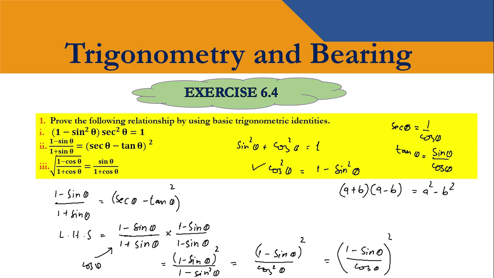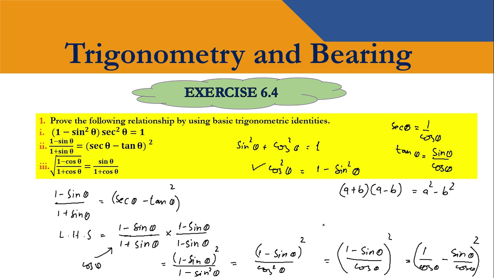And now because the denominator is a single value, we can shift it below. So as the denominator, we can split it under the 1 and the sine theta as (1 divided by cos theta minus sine theta divided by cos theta) as a whole square.